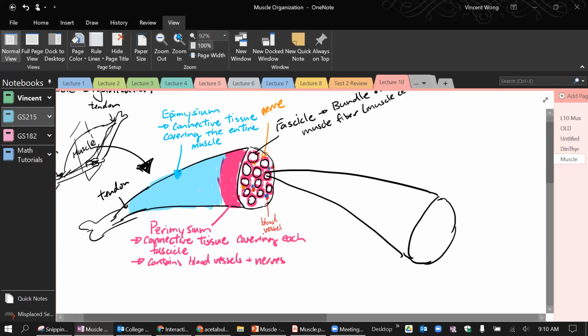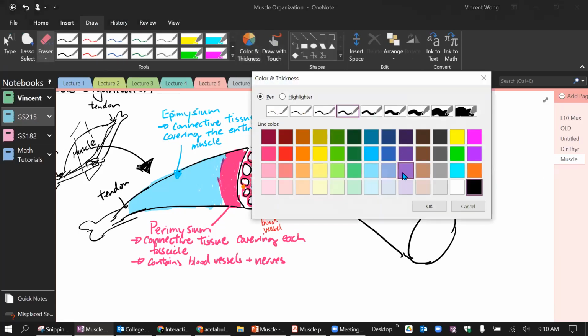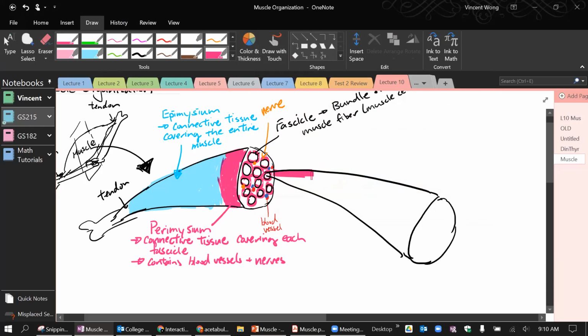Remember, surrounding our fascicle is going to be the perimysium. I'm just going to color it pink to remind you it has the perimysium on it.